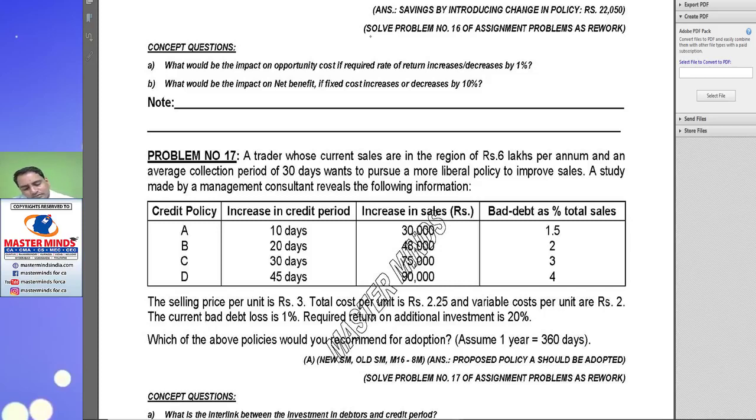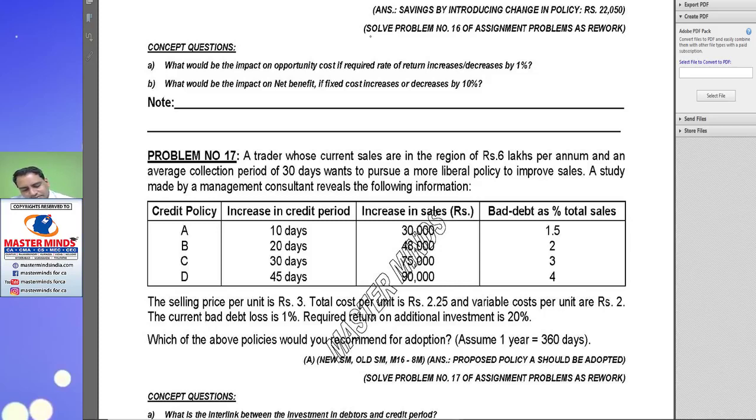Right now, the trader allows 30 days credit to customers, having a revenue of 6 lakhs. He wants to increase the credit period to boost the sales from that region. A study made by the management consultant reveals the following.